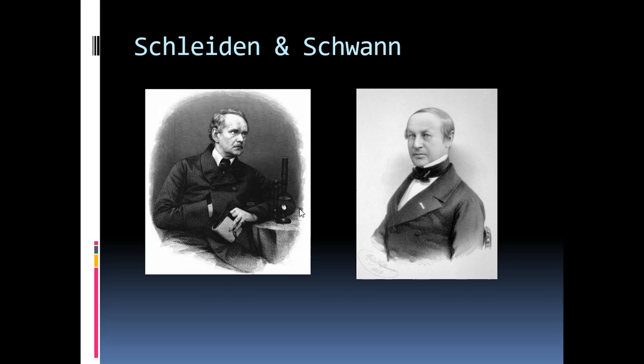However, 200 years later, somewhere around the 19th century, Matthias Jacob Schleiden and Theodor Schwann conducted further studies on plant and animal tissues, and they were the ones who suggested that all plants are made of cells, right? And all animals are also made of the basic unit known as cells, right? Which is what we have come to know by now.